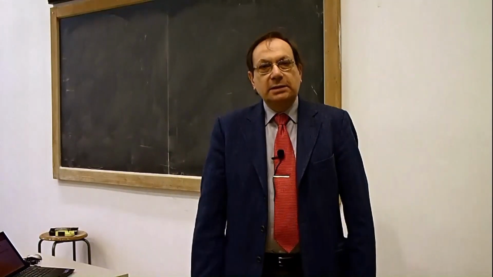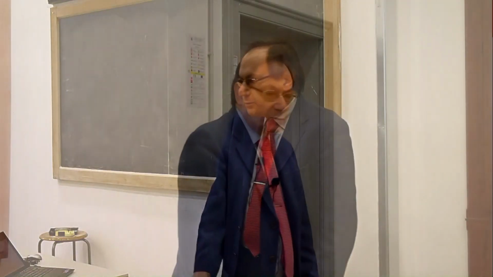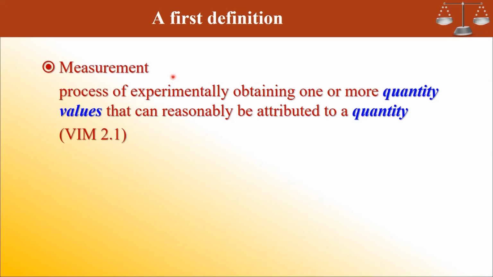So let's see some of these definitions, the most important ones, the first ones. The first definition that we see is, of course, that of measurement. The vocabulary in its article 2.1 defines it as the process of experimentally obtaining one or more quantity values that can reasonably be attributed to a quantity.